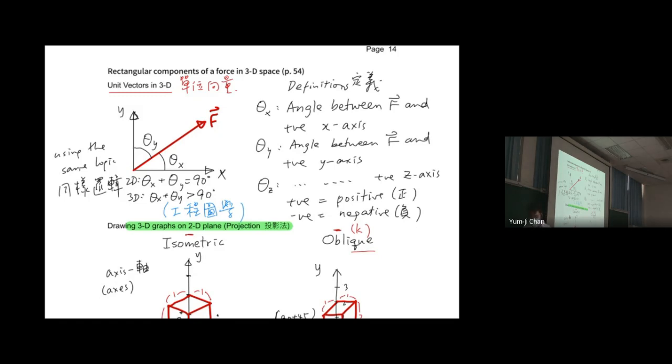Okay, so you can have a look, it's a bit wet here, and give it back to me after the class. Greater or equal to 90 degrees. Is that okay for you? So we have a more complicated problem here.